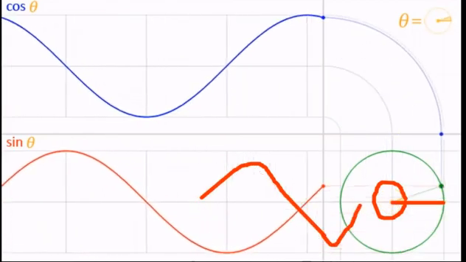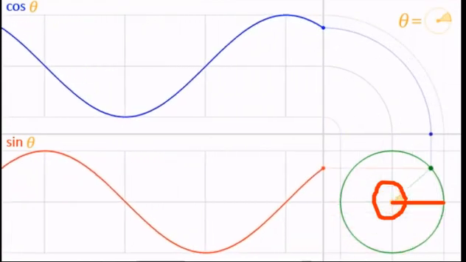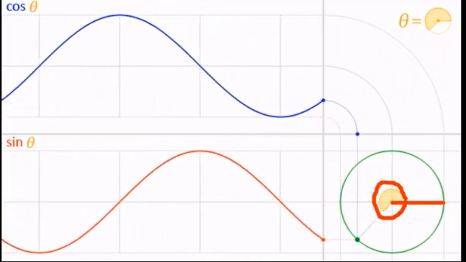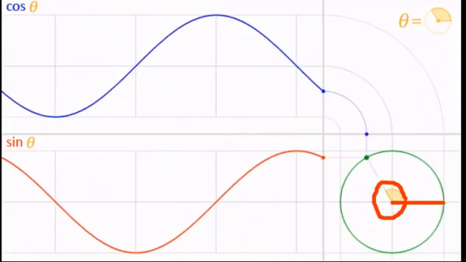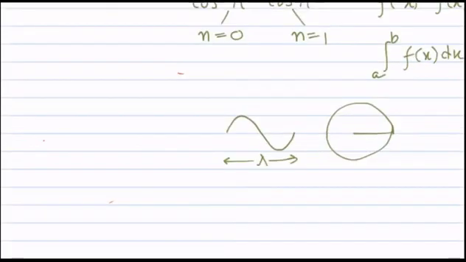So a complete revolution, that means a 360-degree revolution, that means 2 pi revolution corresponds to one complete wavelength.